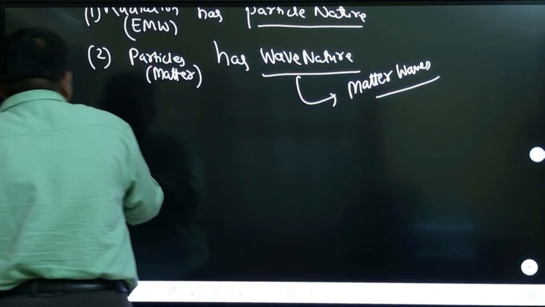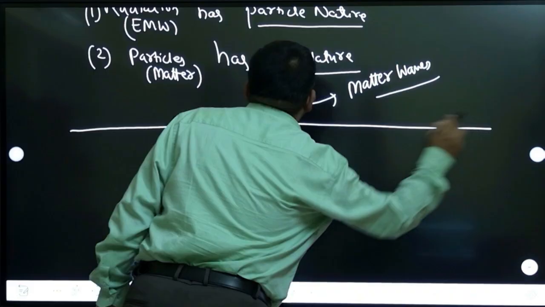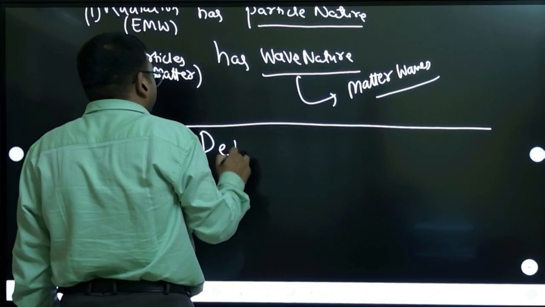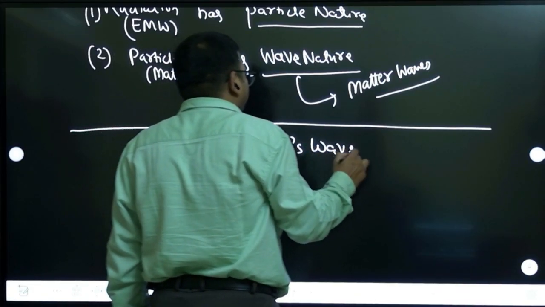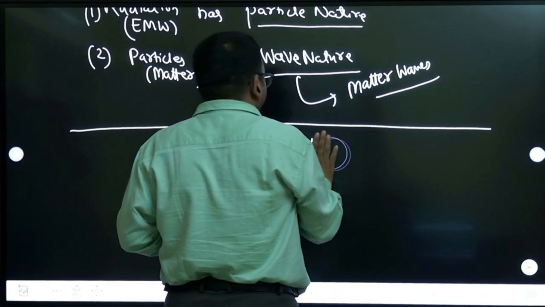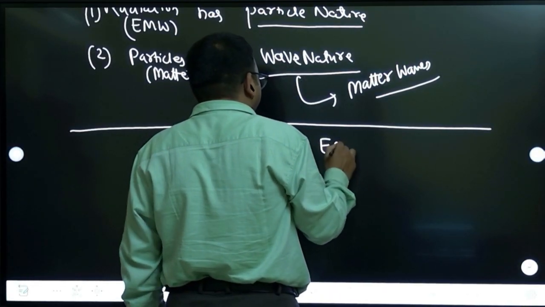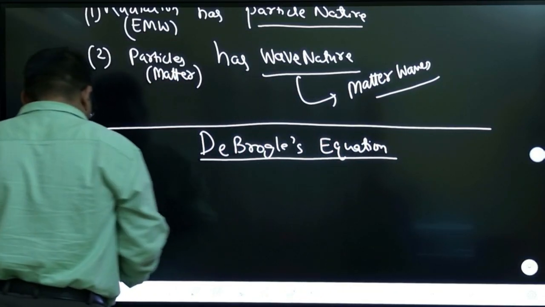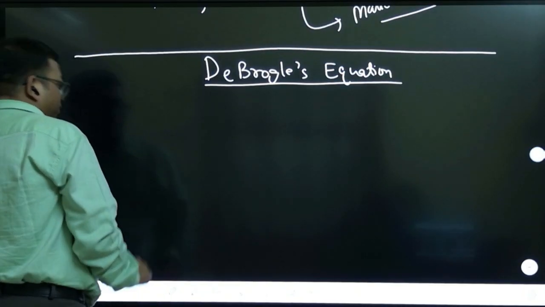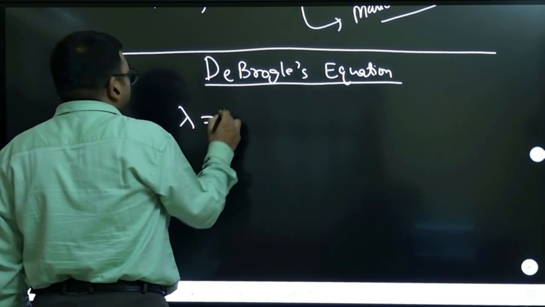Okay, so let us first of all understand what this de Broglie wave equation is. The de Broglie equation you have already studied. So if we talk about wavelength, lambda is equal to h by p.